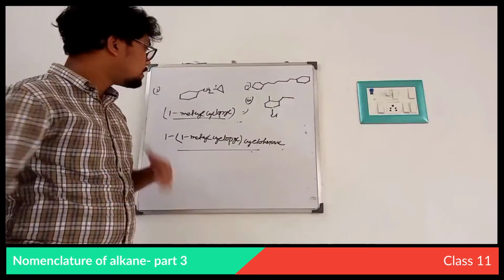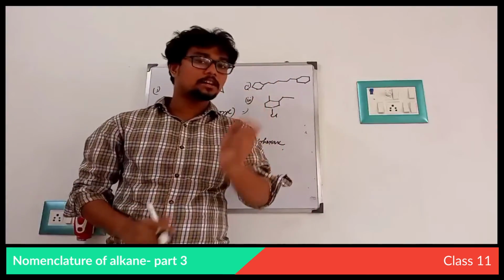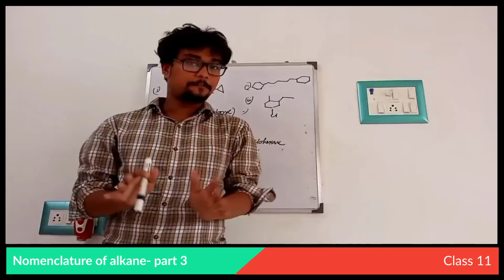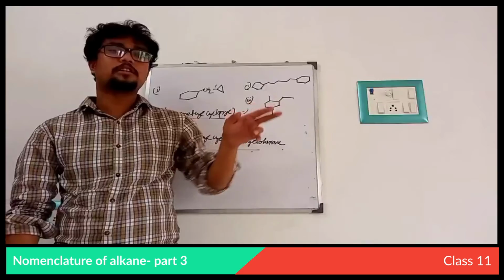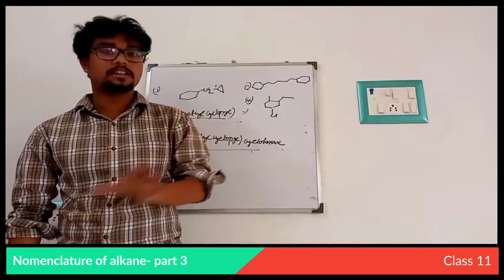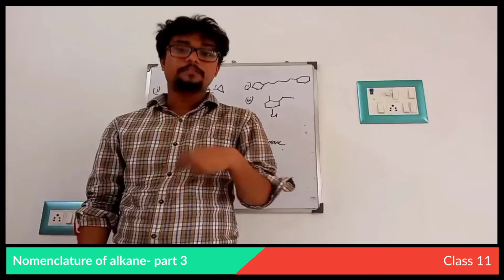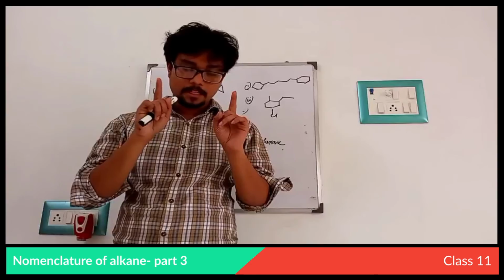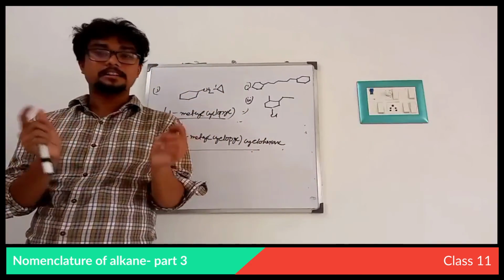So enough for today. Nomenclature of alkane is complete from my side. If you have any problem, ask me in the comment section, then I will do a doubt clearing class. Next day I will go to the IUPAC nomenclature of alkene, and I am trying to do the alkene and alkyne parts combined.